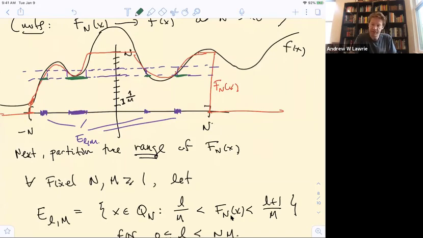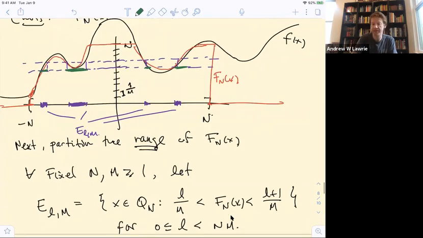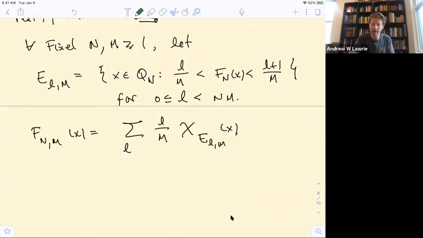And this green function approximates f on this purple set. Only on the purple set is this a good approximation. And then I just sum them all up.